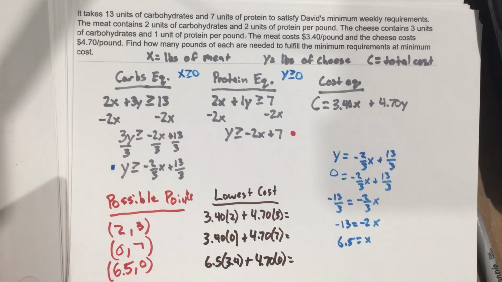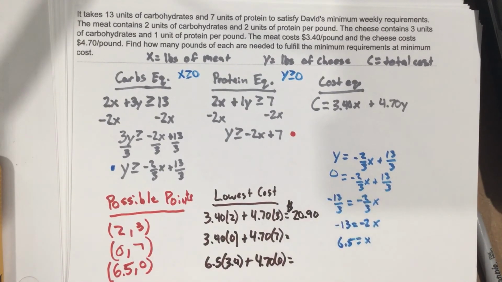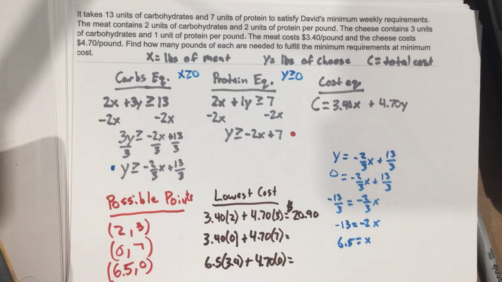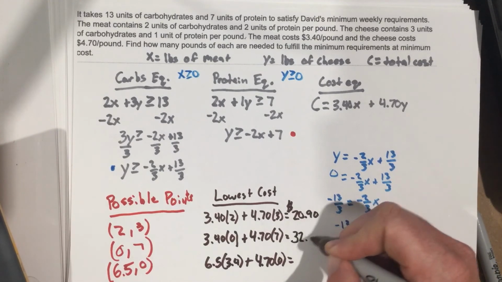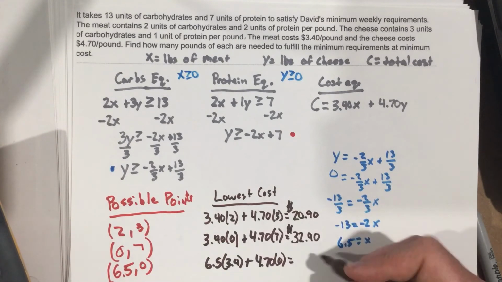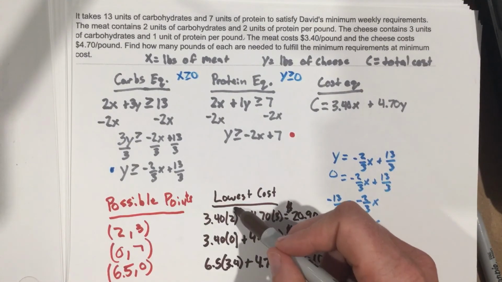So 340 times 2 plus 470 times 3 gives you $20.90. For this one, 340 times 0 is 0, so it's just 4.7 times 7, which gives you $32.90. And then finally 6.5 times 3.4 plus 470 times 0, we don't even need to add. This is $22.10.